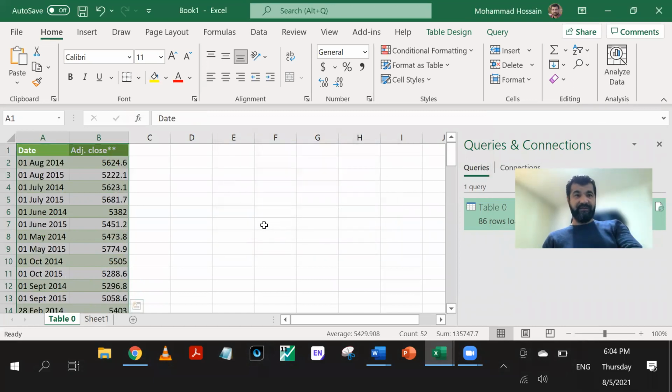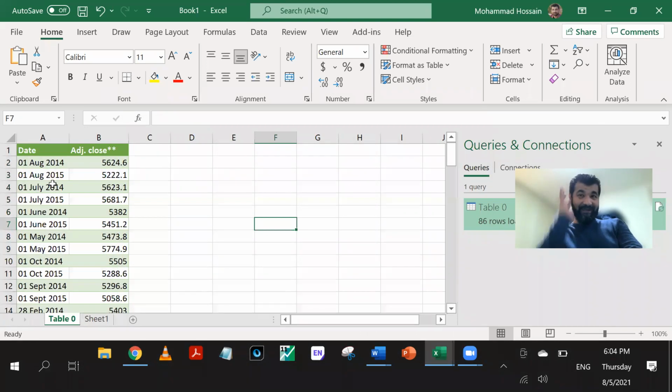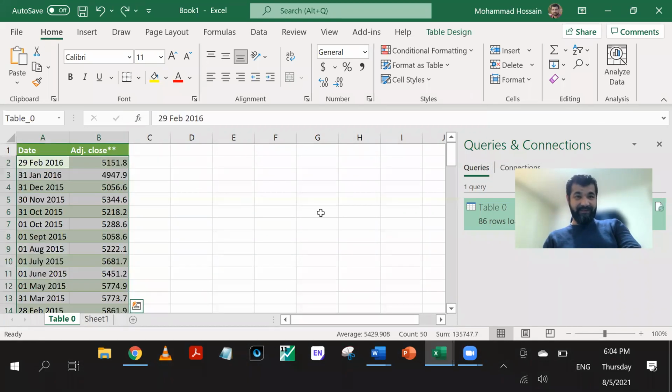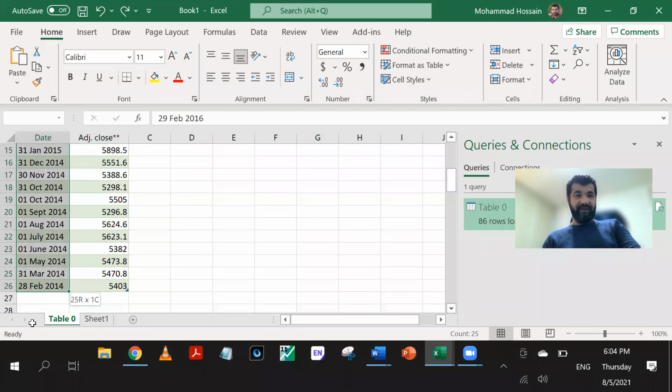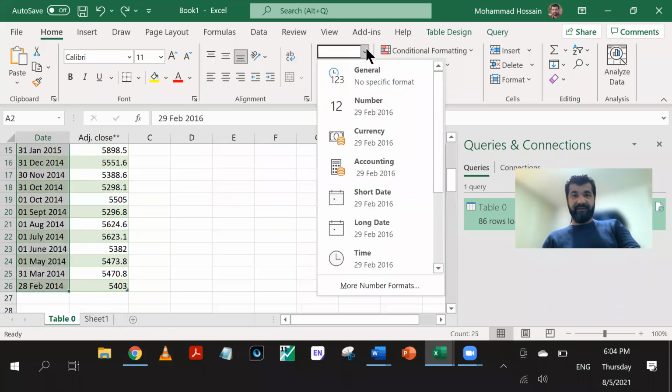Okay, I don't need that. What I need is for these things to be in date format. They came in a very bad way. I wanted these things to be in date format. Let's see if I can convert them into date format.